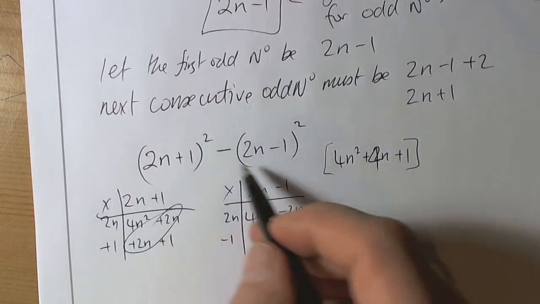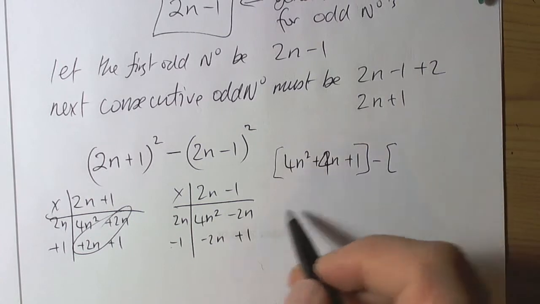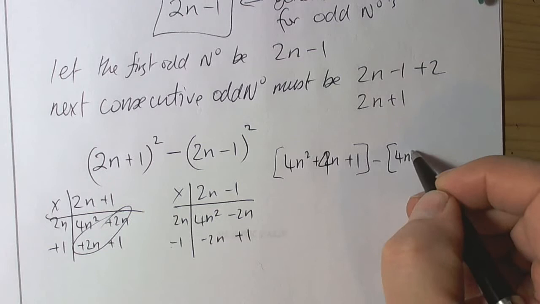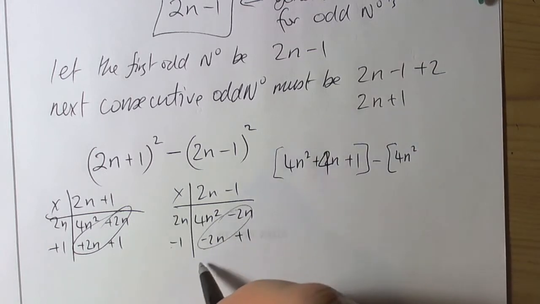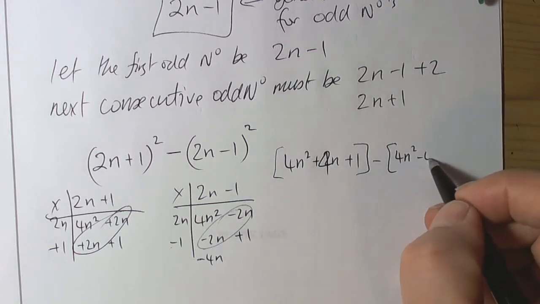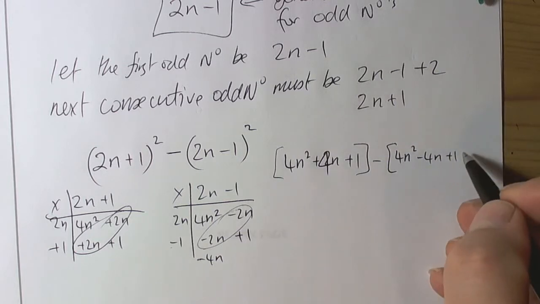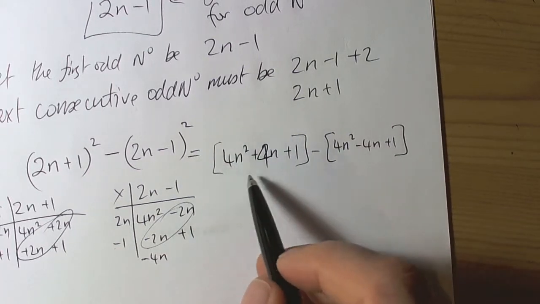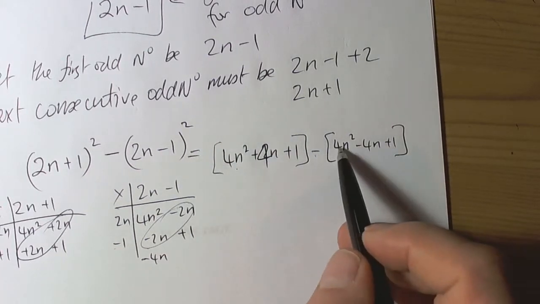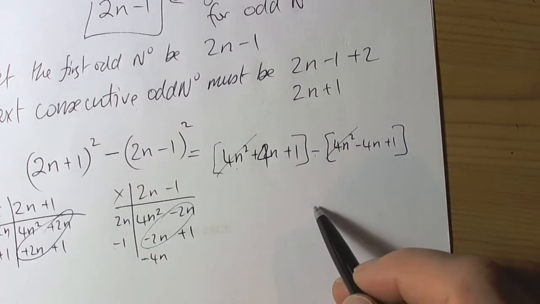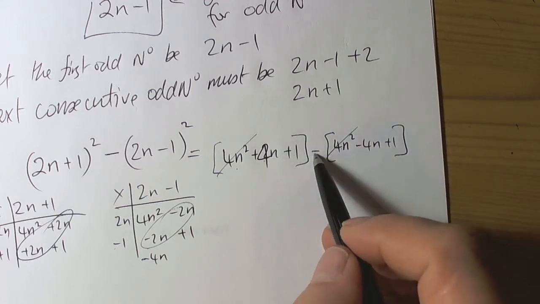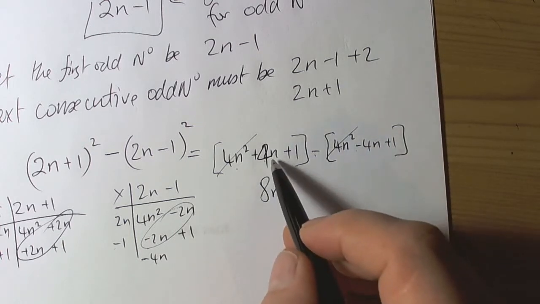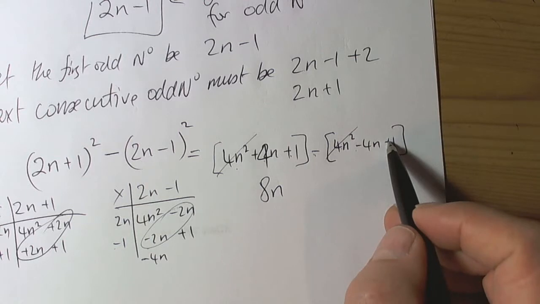That's what the first one squared gave us, and we're subtracting what this one gave us. So again we substitute through, so 4n squared, these two can come together to make negative 4n, so negative 4n, and then we've got a plus 1. So 4n squared, take away 4n squared, well they've cancelled each other out, 4n minus minus 4n gives me 8n, and 1 take away 1 is nothing.